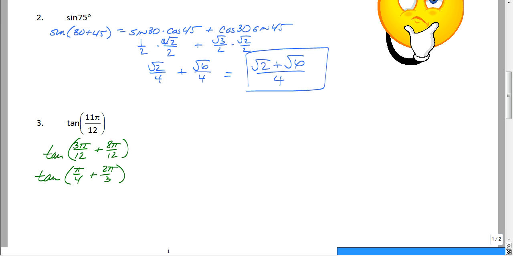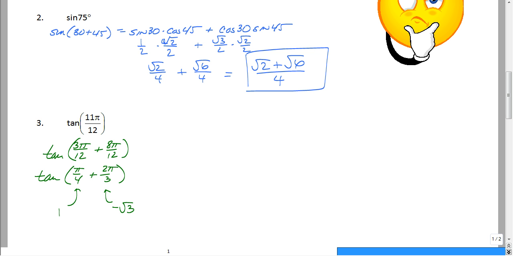So now, again, all you need is your little formula sheet, and your formula sheet will tell you what to do. So you just have to remember, tangent is sine divided by cosine. So pi over 4 is going to be 1. The tangent of pi over 4 is 1. And the tangent of 2 pi over 3 is going to be negative square root of 3.